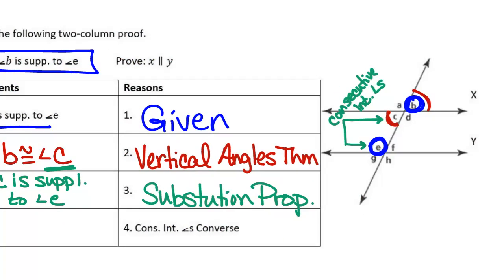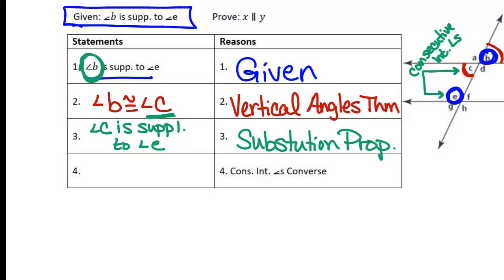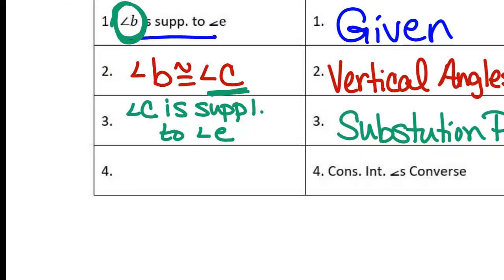These are consecutive interior angles, and we've already established that they're supplementary, right? We used substitution to say that they were supplementary to each other. So because those angles are supplementary, that means that which two lines would have to be parallel?